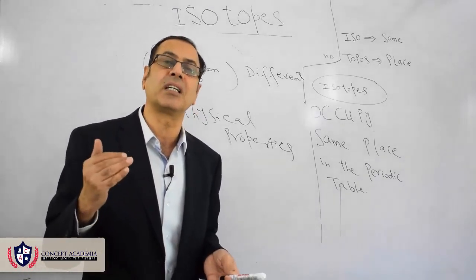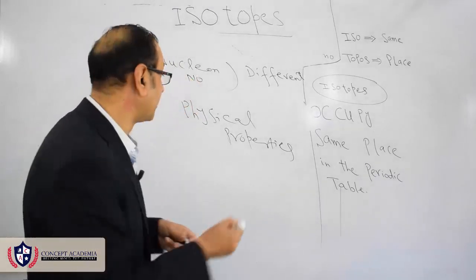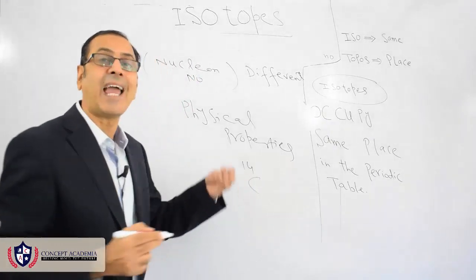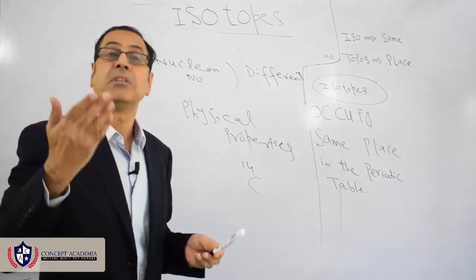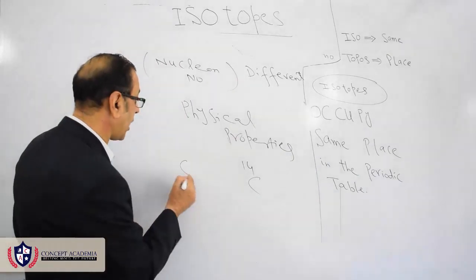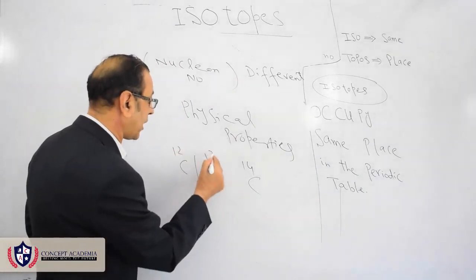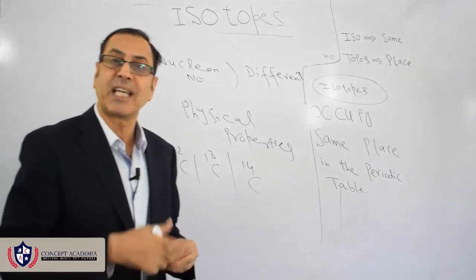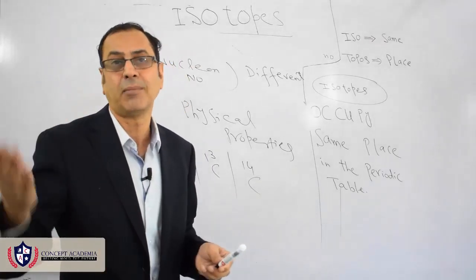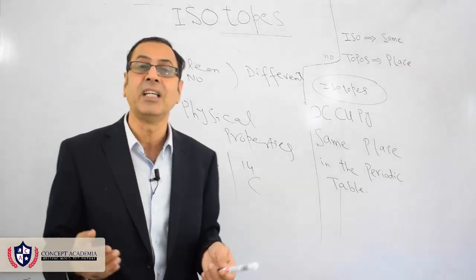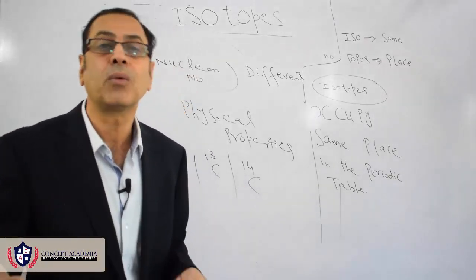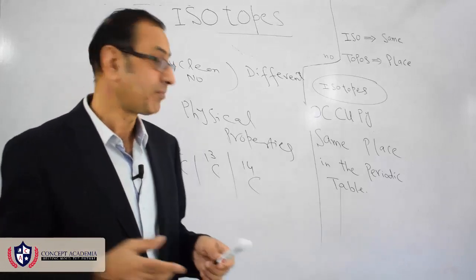Nucleon number means that if it is carbon 14, it is heavy, heavy as compared to carbon 12 and carbon 13. So it has a high melting point, high boiling point, high density, and because it is heavy, its rate of diffusion will be lesser.